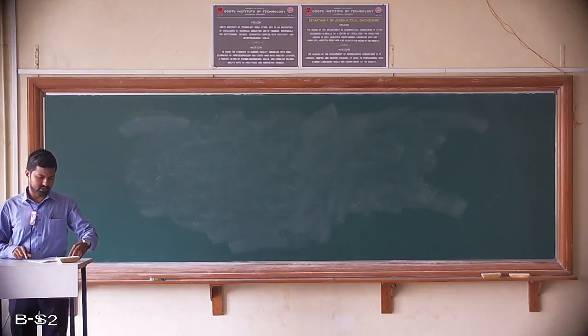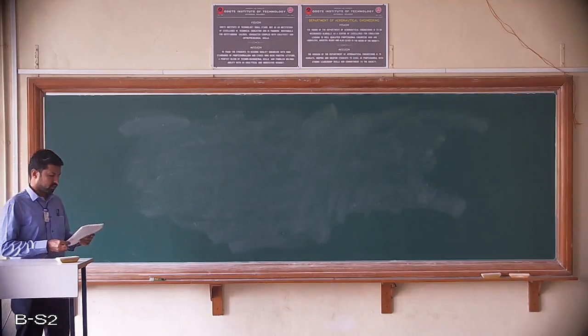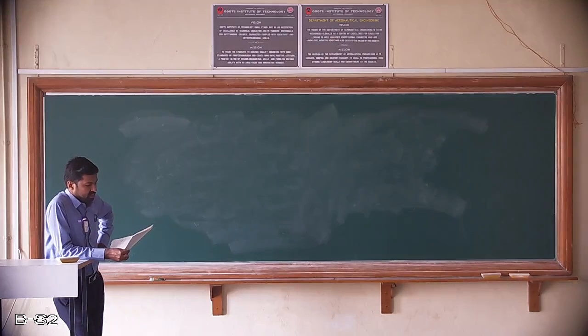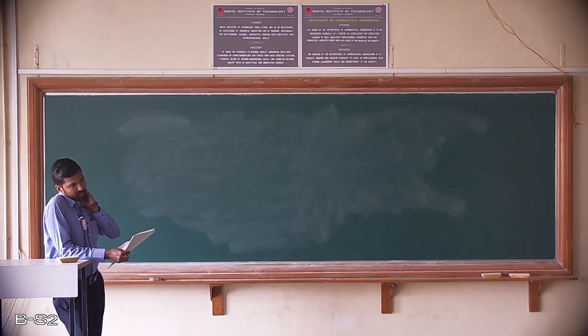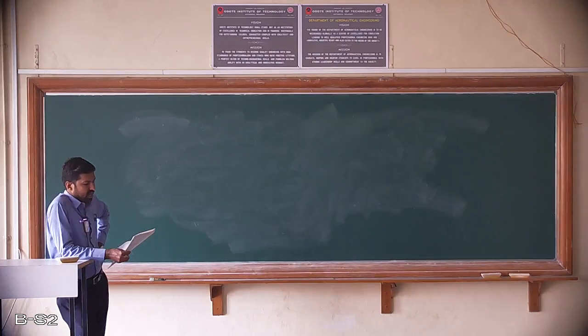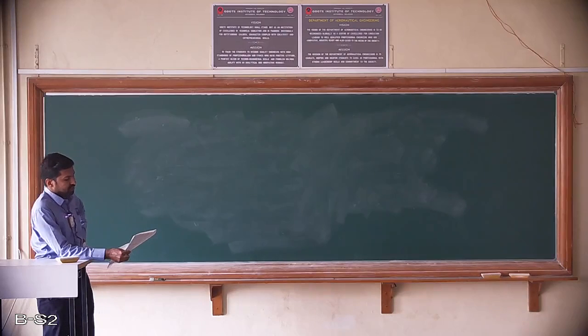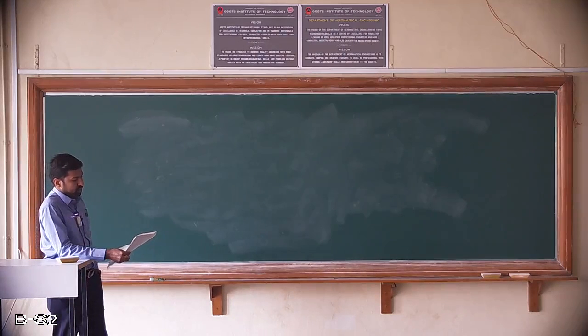Let us discuss the third problem. Take down the third problem. A body of mass 10 kg is suspended from a helical spring having a stiffness of 2 Newton per mm.